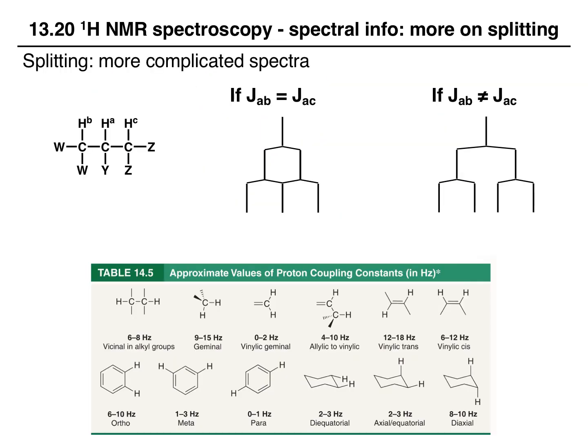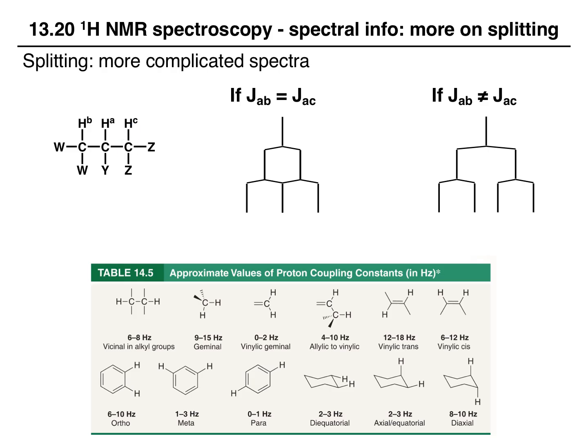Next, let's talk about some more complicated spectra due to more complicated splitting patterns. Earlier, we talked about looking at an HA, and on the neighboring carbon, there were 2 HBs. What if our hydrogen has 2 neighbors, but the 2 neighbors are different from each other? So HA has the neighbor HB, and it has the neighbor HC.